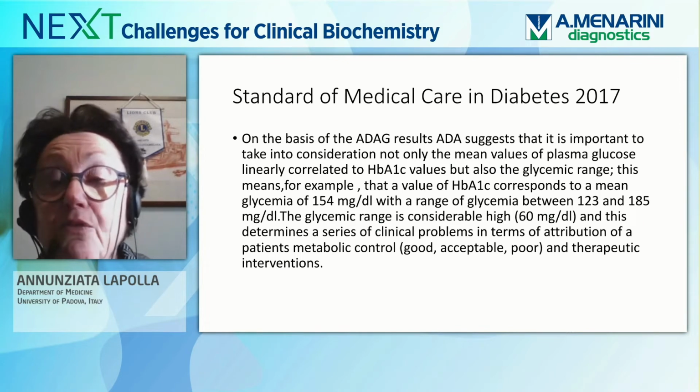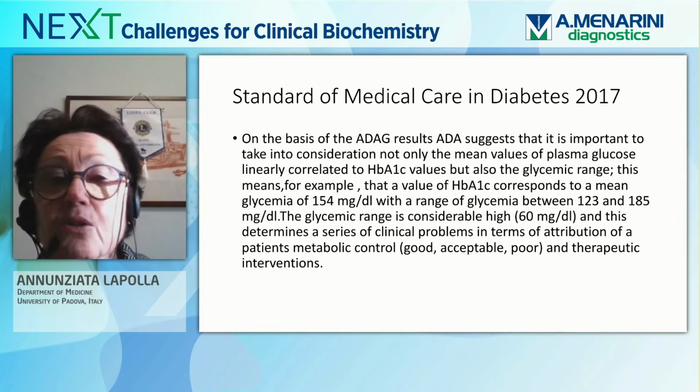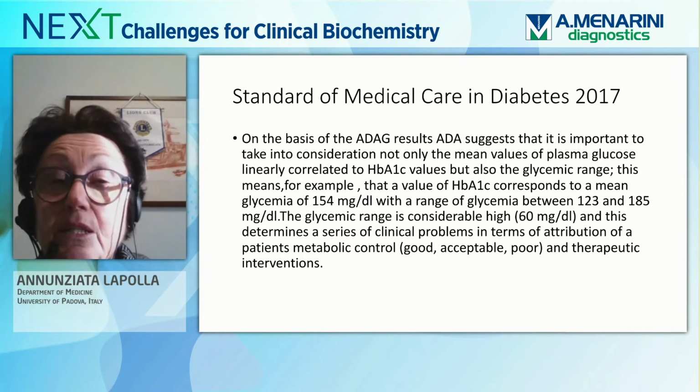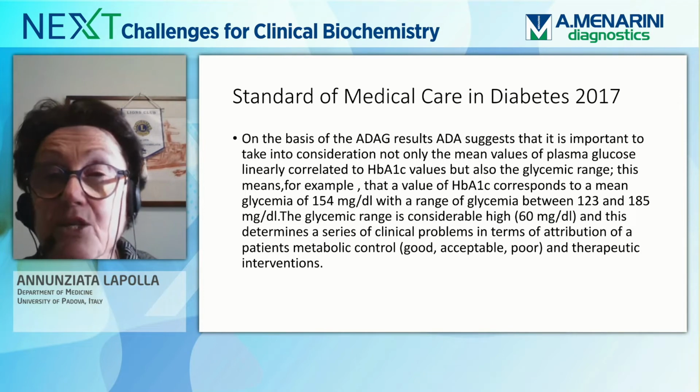On the basis of the ADAG results, ADA suggests that it is important to take into consideration not only the mean values of plasma glucose linearly correlated to HbA1c values, but also the glycemic range.